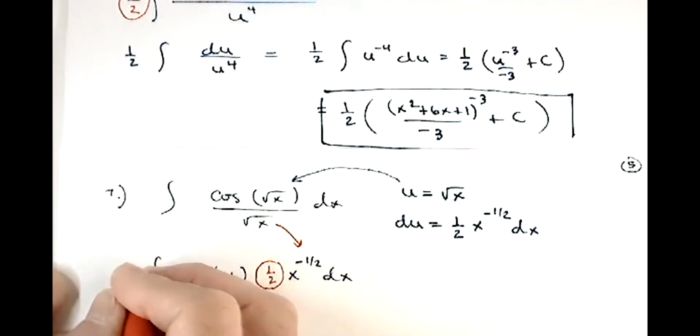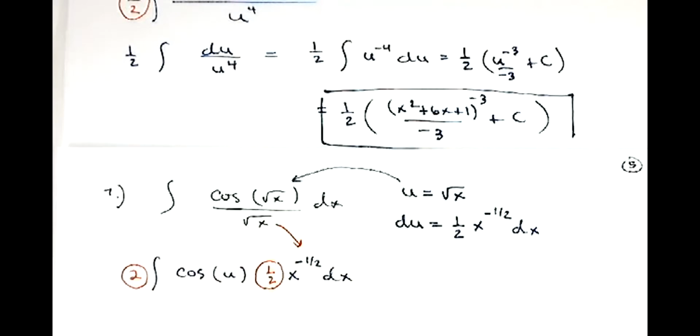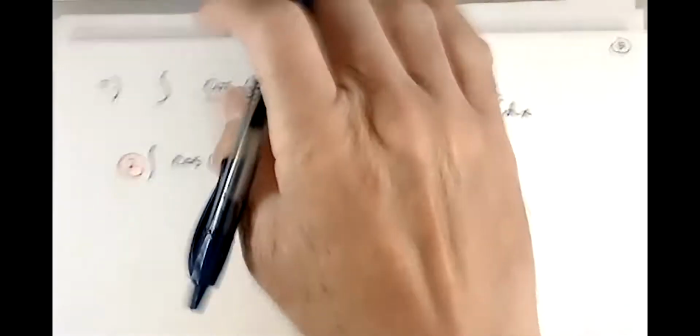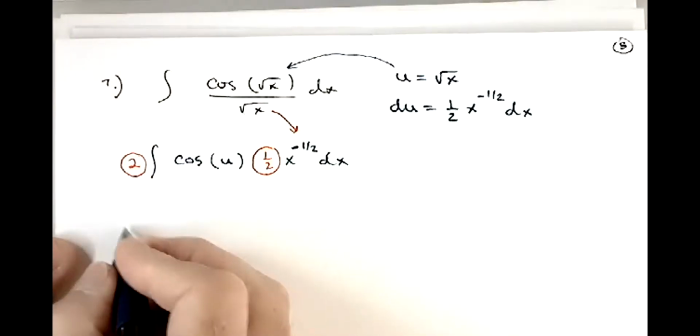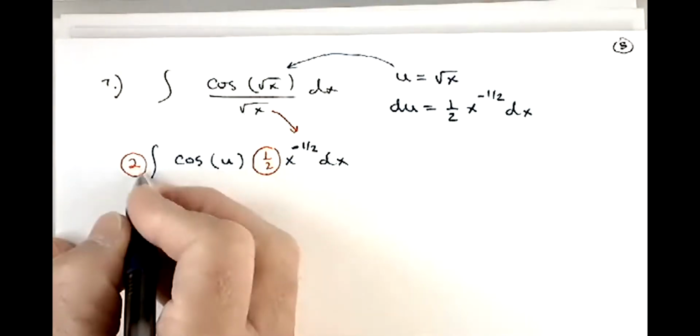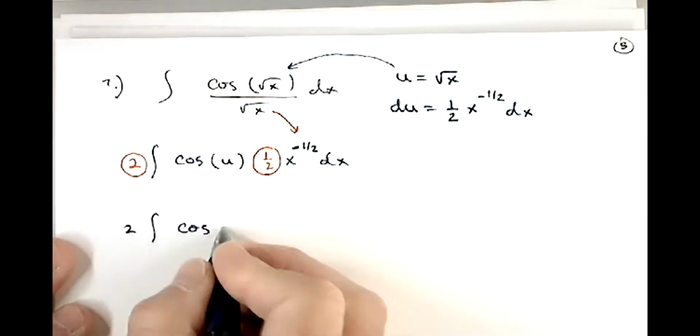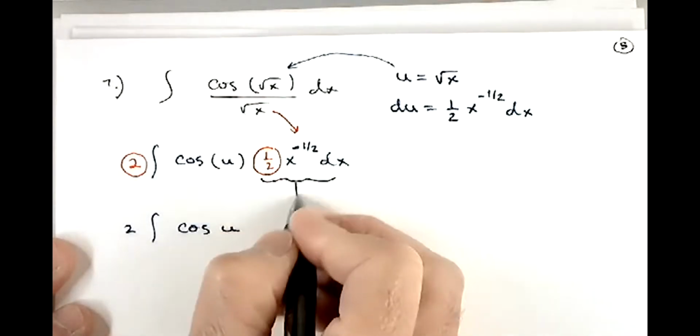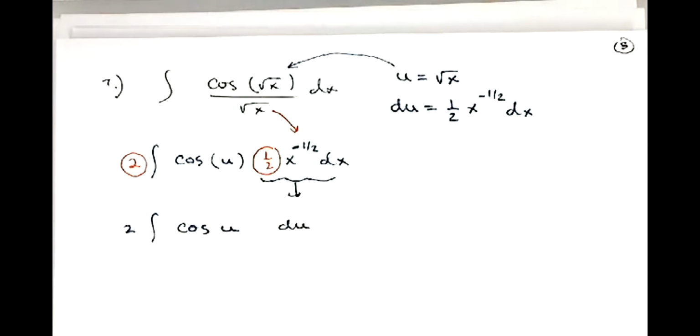So this time I want to compensate with a 2 outside. Whatever you compensate with just stays there. This is now cosine of u, and all of this is now a straight up trade-in for du.